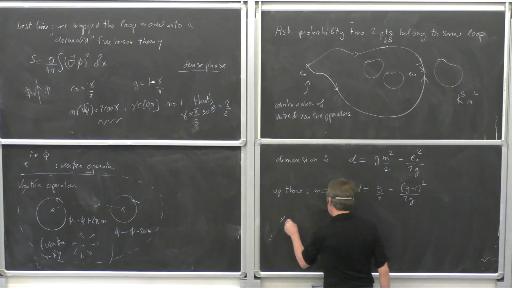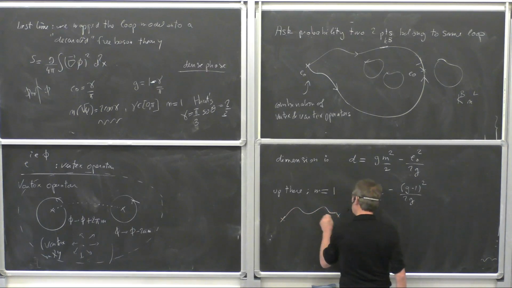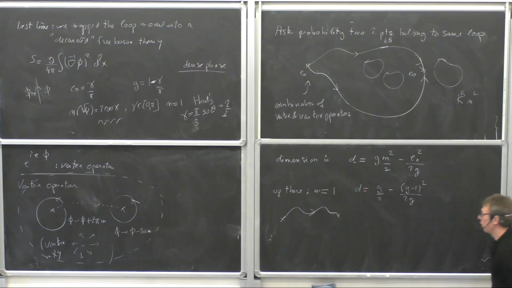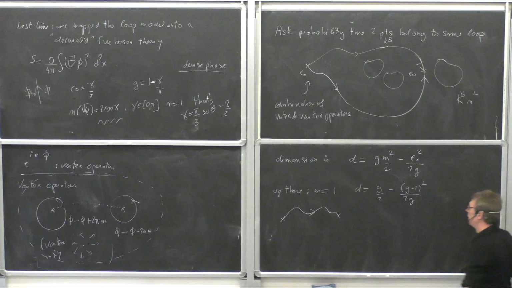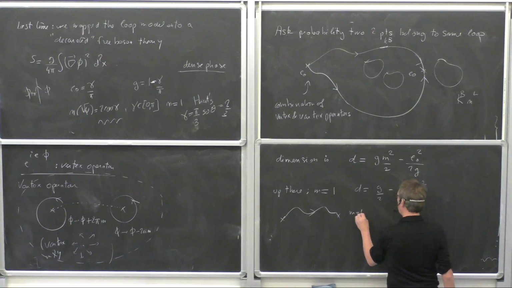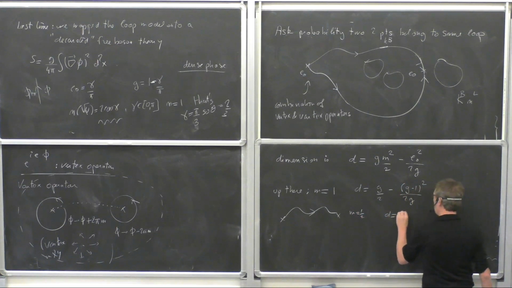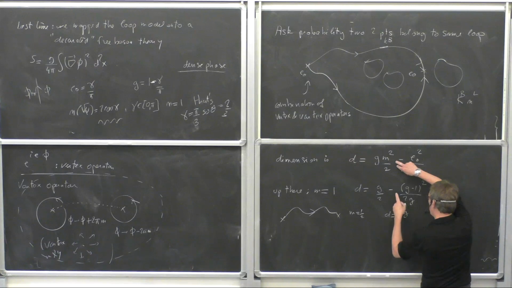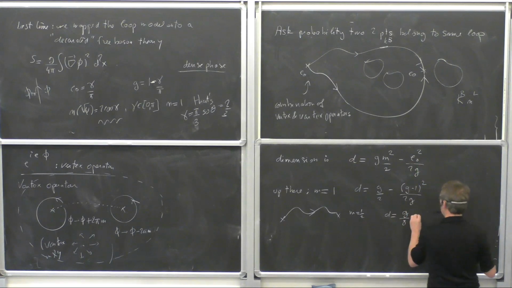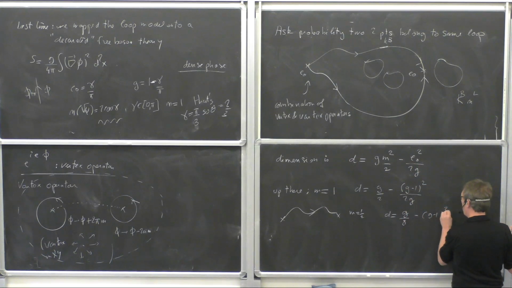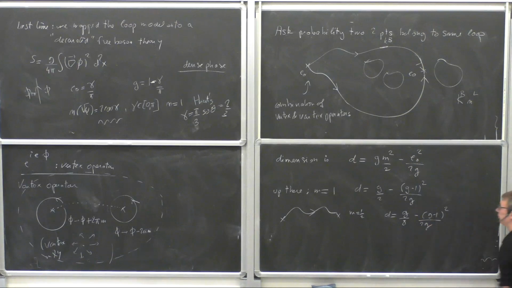For only one line, interesting because it is the order operator in the Ising model, that's m equals a half. So that's g, d is g over 8 minus g minus 1 square over 2g.